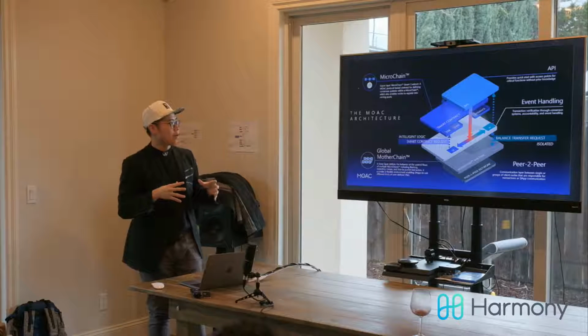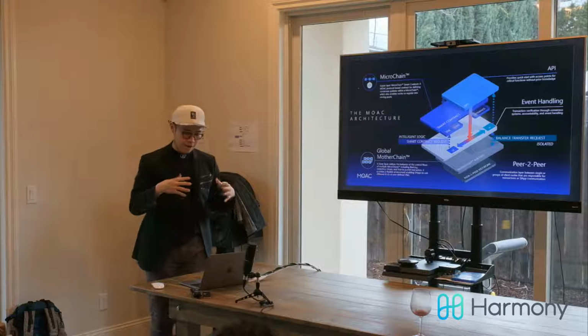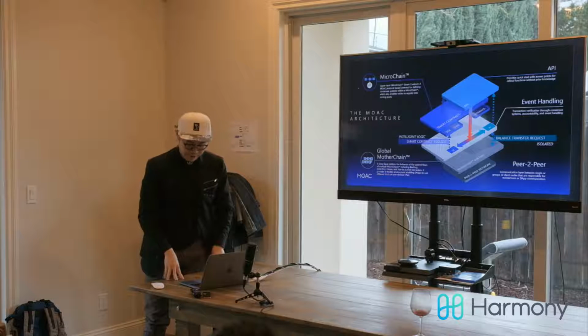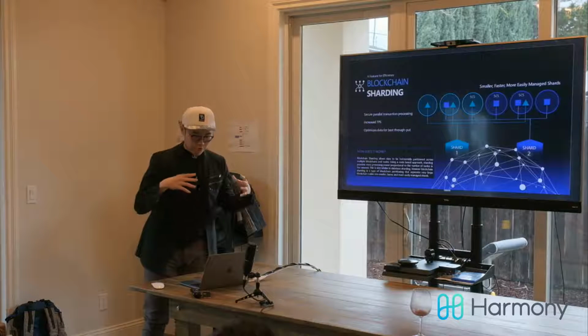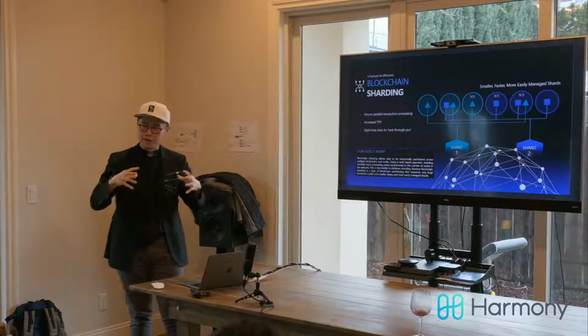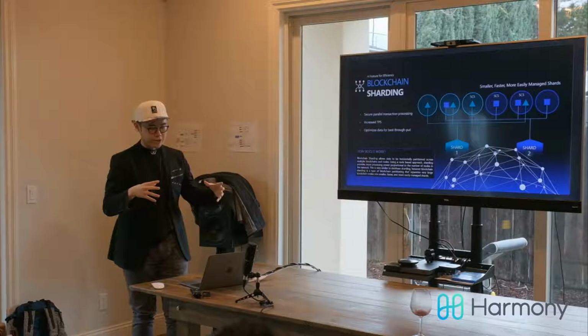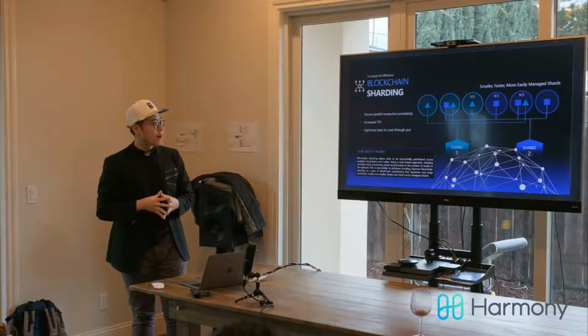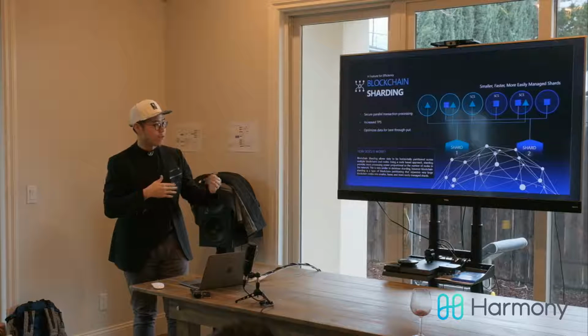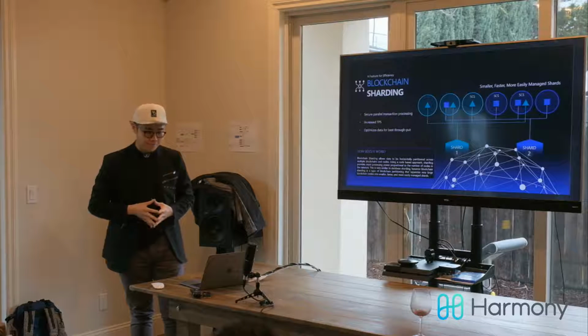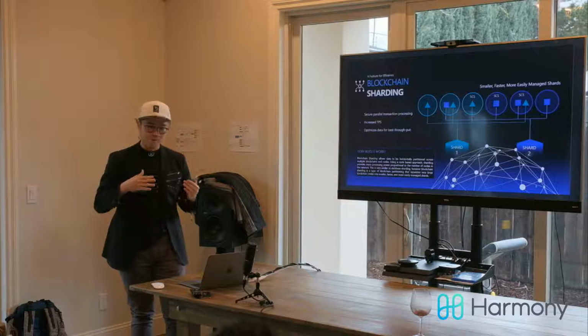On the upper layer, we call each of the shards a macro chain. Since we are able to group different upper layer nodes into different shards, we are able to handle different types of smart contract processing in parallel.